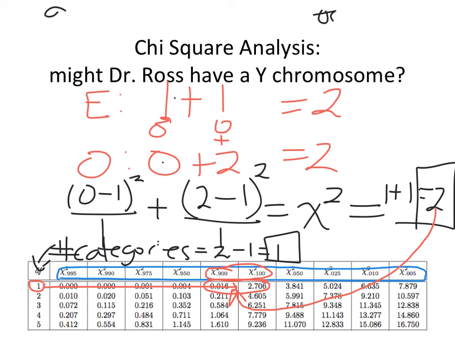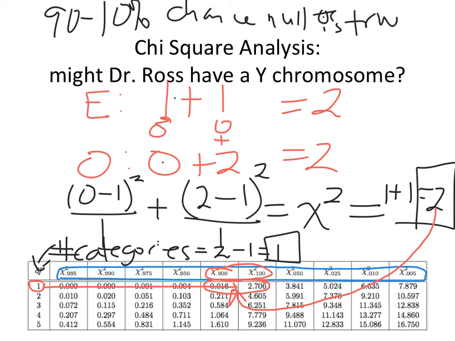So that's somewhere between a 90 and 10% chance that the null is true. What was the null hypothesis? That I'm a male. So thank goodness, you can go home and tell your friends that there's a 90 to 10% chance that your professor of genetics is actually male, despite that that's what you thought anyway.